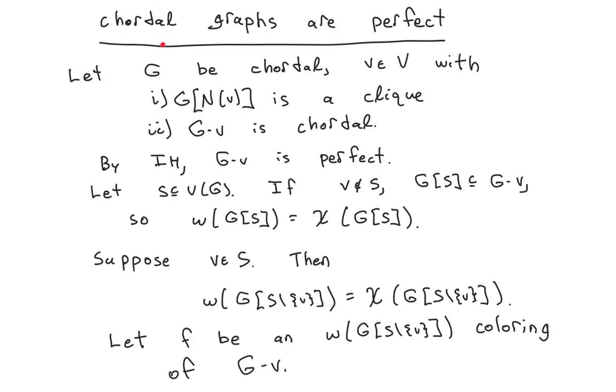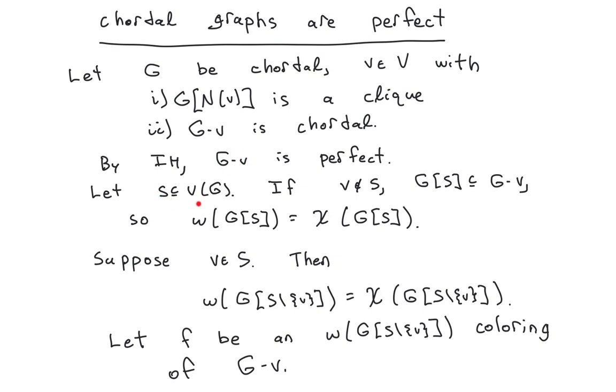Finally, we need to show that chordal graphs are perfect. So let G be chordal, and let V be a vertex with the property that the induced subgraph on the neighborhood is a clique, and deleting the vertex gives me a chordal graph. By induction hypothesis, I can assume G take away V is in fact perfect.